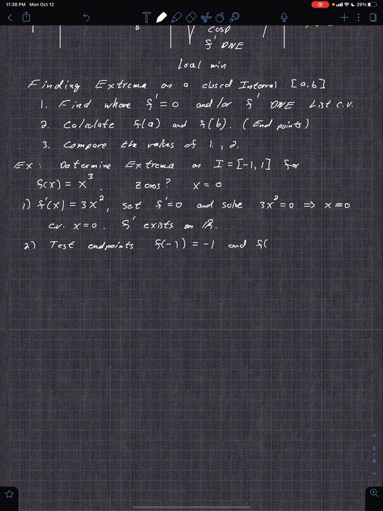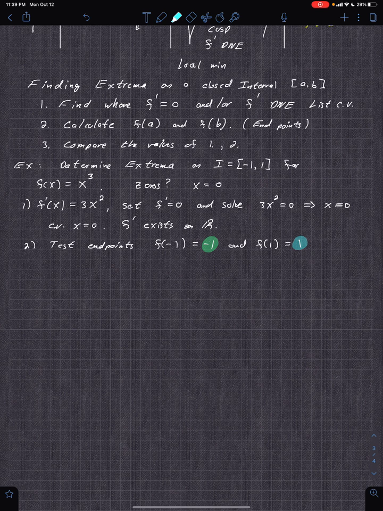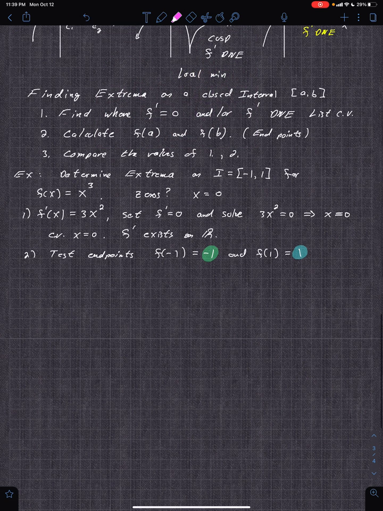And f of 1 is just 1. Right? You're just cubing it. So then you just compare. Basically all you're looking at now is comparing -1, 1 and 0.